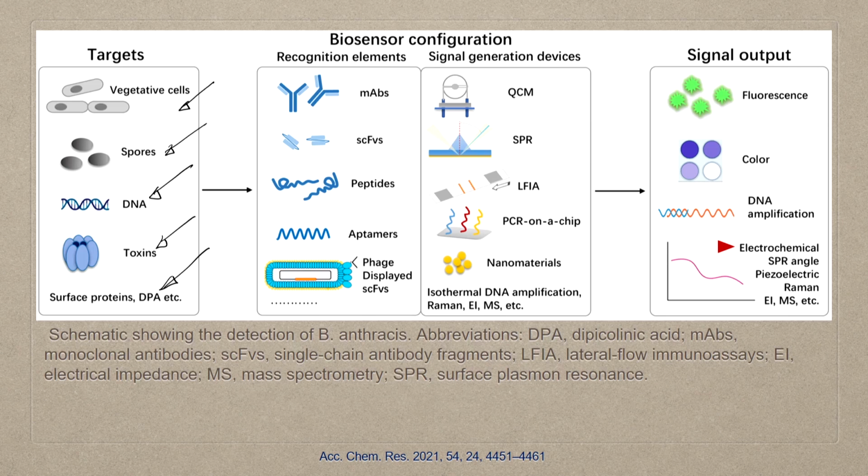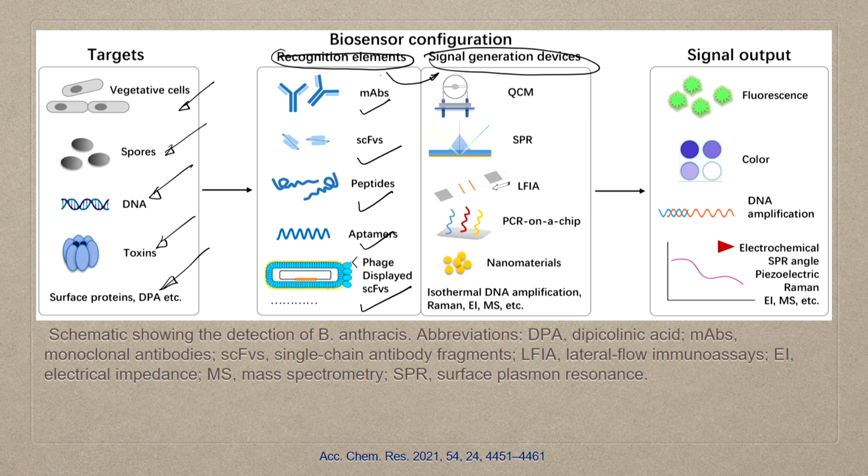In terms of the biosensor configuration, there are recognition elements and signal generation devices. The recognition elements recognize the target and generate signal, and they are monoclonal antibodies, single chain antibodies, peptides, aptamers and phage display techniques.